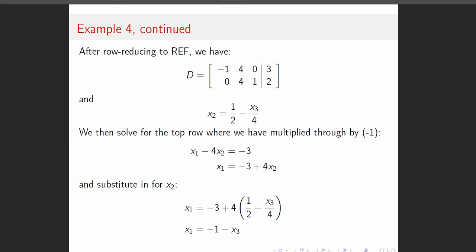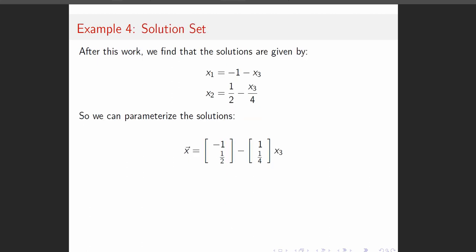So getting rid of the ink, we can step through and see, right, summarizing the simpler version of the equations and switching to the parameterized form or the column vector form, right? The constant vector is -1 in the first component and a half in the second component, and then we have this x3. And I factored out the minus sign, right? You see there's a minus here and a minus here.